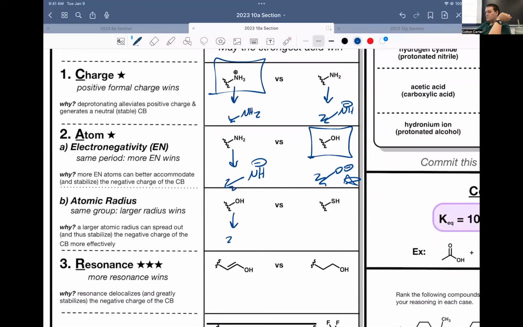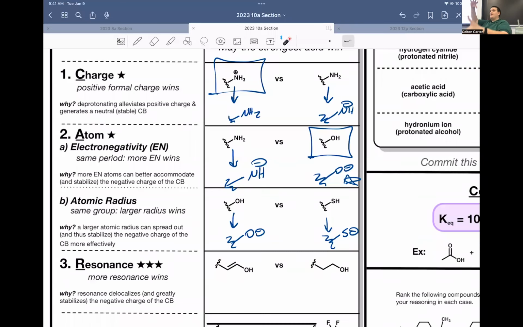Next one. Drawing the conjugate bases, O minus and S minus. I'll give you a chance to catch up. Now, which conjugate base is more stable, left or right? It's right. The reasoning here is negative charge. Imagine this sphere is like the 2s orbital. It's kind of this size.